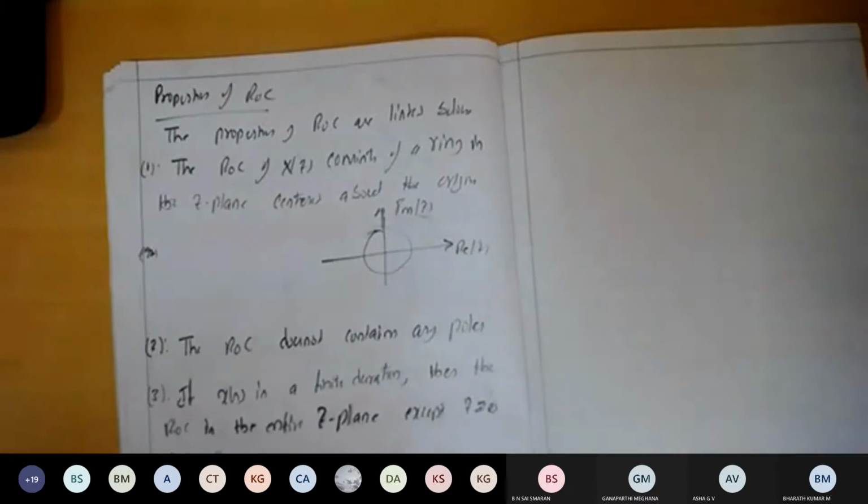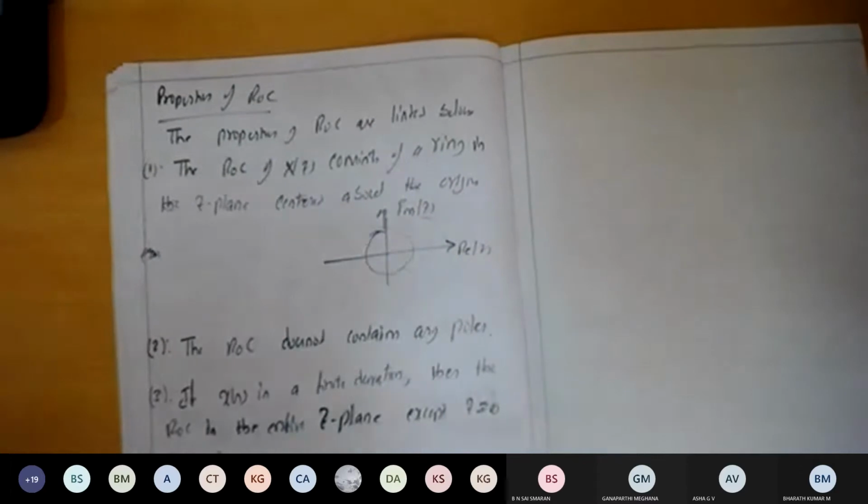So this is the ROC of the sequence which we consider as a finite duration sequence.